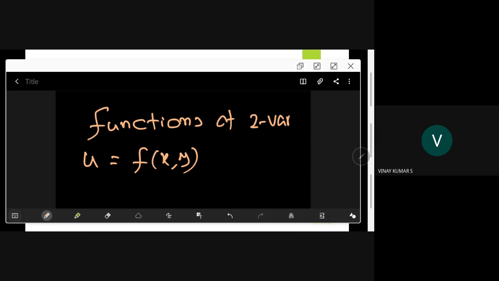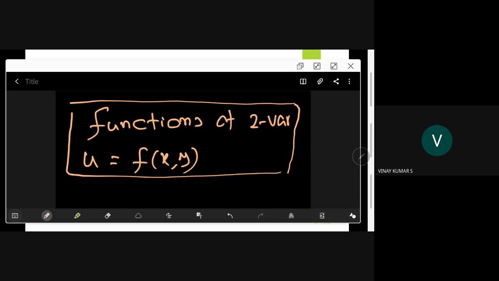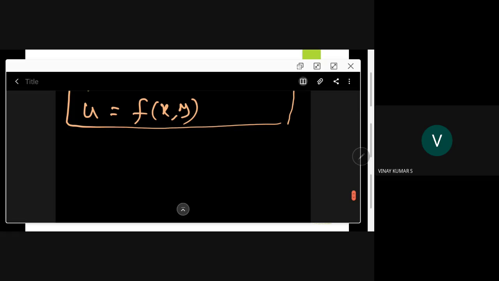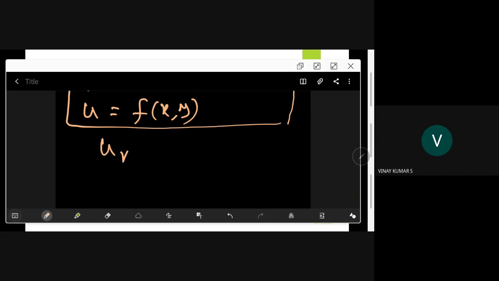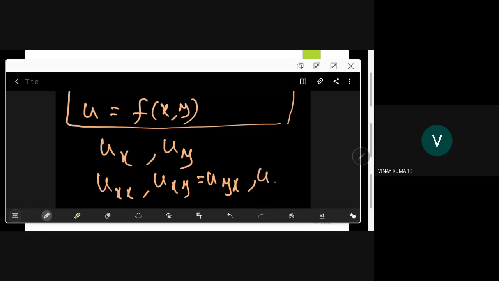In such a case, we can talk about the chain rule. Here, the possible partial derivatives are ux, uy, which are first order ones, and uxx, uxy, same as uyx, and uyy. These are the second order derivatives here.